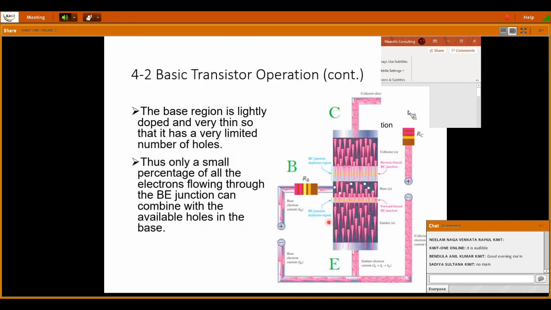Right. So the base region, as I said, is a lightly doped one.